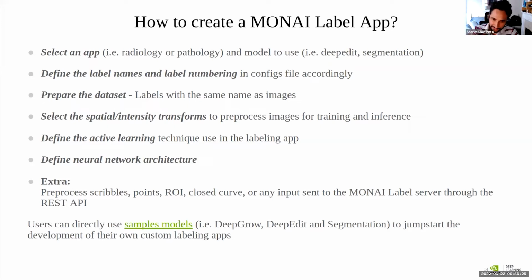And an extra thing from the MONAI Label application is, instead of working with clicks, I don't want to interact with the model using clicks. I want to interact with the model using ROIs or closed curve or any other interaction. So you can also build on top of that, right?